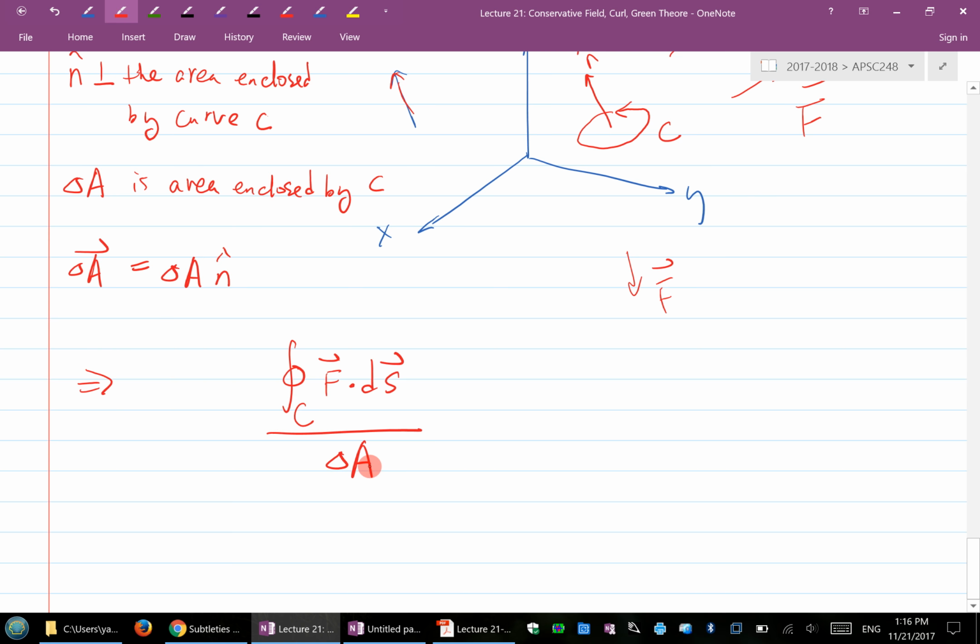Is that good? So what's mass divided by volume? Density, right? Or mass density. So what do I do here? I have a circulation over the curve C divided by the area enclosed by the curve C. This has a meaning. It's also a density, but this is called circulation density.